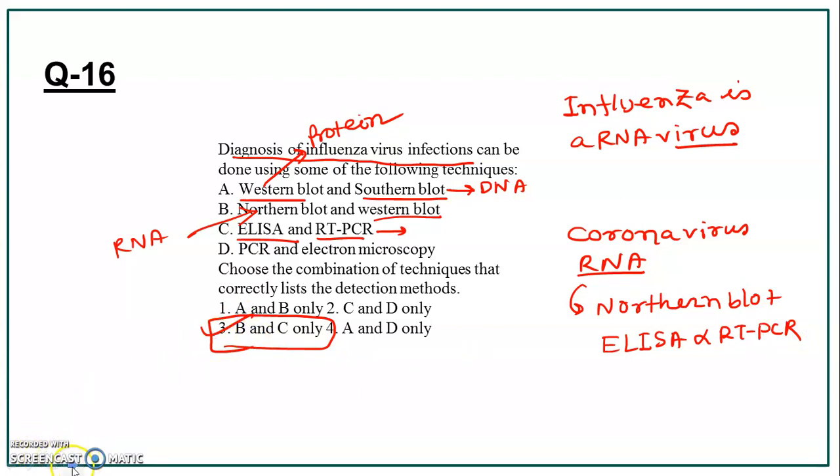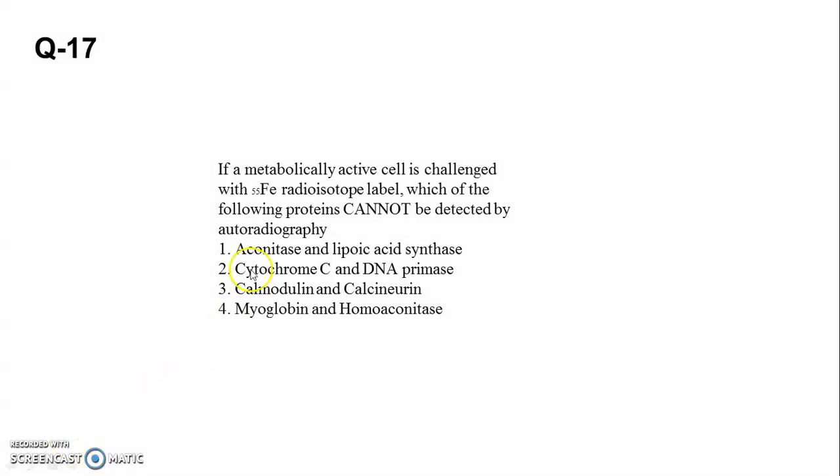Now next question. If metabolically active cells are challenged with Fe55 radioisotope label, which one of the following proteins cannot be detected by autoradiography? It is a metabolically active cell, and you have iron radioisotope given.